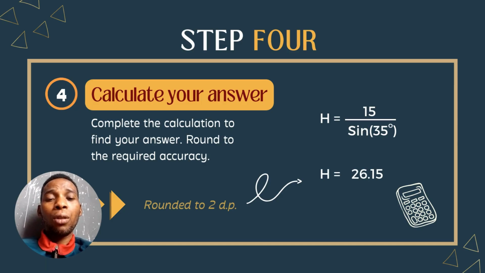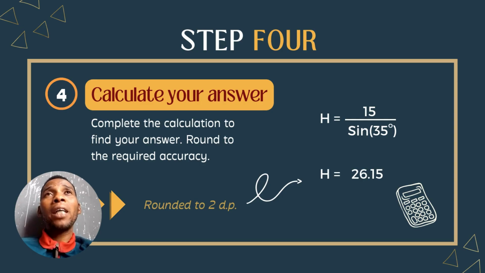Just go straight to your calculator, press sine, then press 35 degrees. You will have the value for sine 35 degrees. Or you can go to your four-figure tables, check the sine of 35 degrees, write it out, and then after that, divide. So it's very simple. You have gotten the value of your hypotenuse.